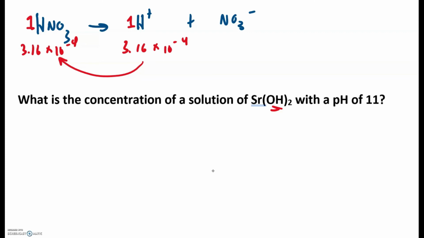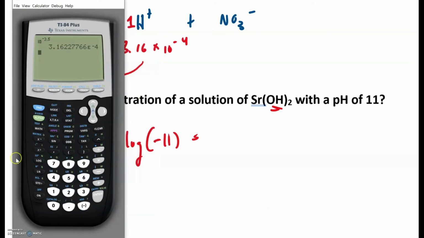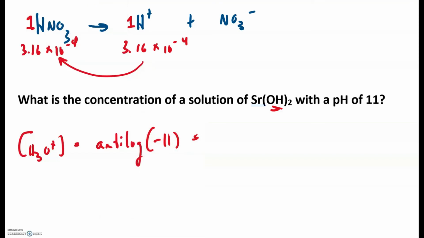We could take our pH and plug it into our equation to find H3O plus. It's equal to anti-log of negative pH. You don't really need a calculator for this one, but we'll do it anyway. We'll say anti-log of negative 11, that's our pH, and we get 1 times 10 to the minus 11th.